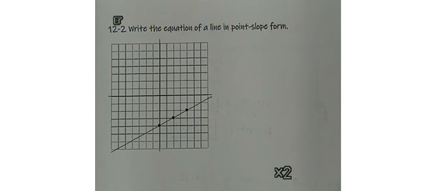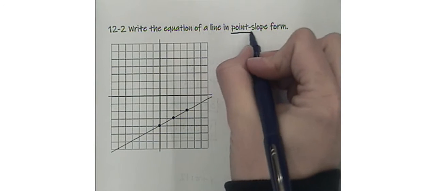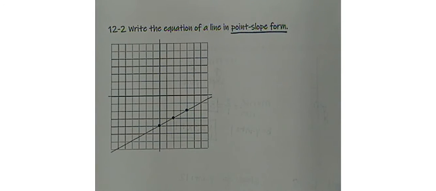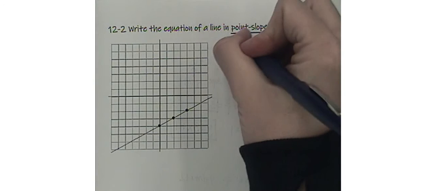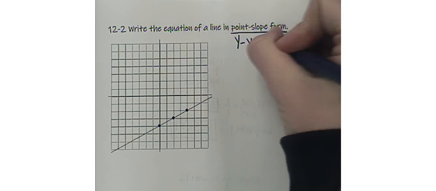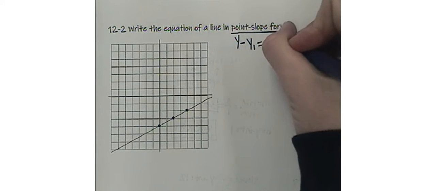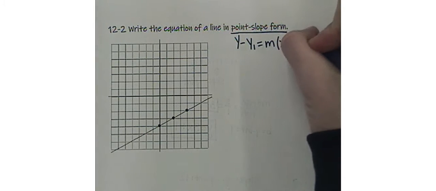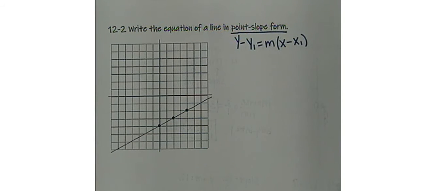Write the equation of a line in point-slope form. Point-slope form: y minus y1 equals m parentheses x minus x1. So I need a point and I need the slope. Let's find the slope first.